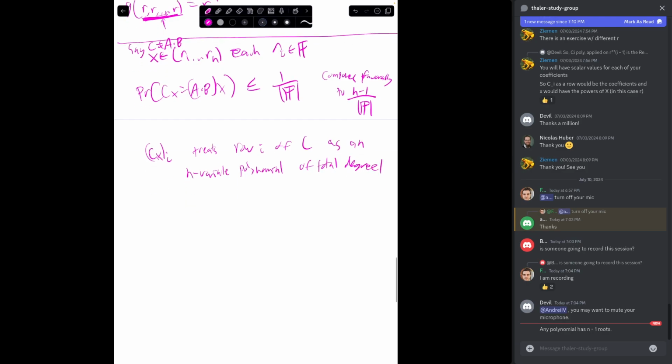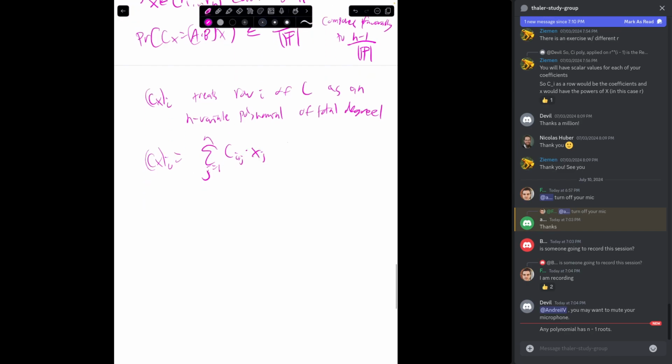Right, because the ith entry of Cx is the sum over j equals 1 to n of Cij times xj, right? And this function is total degree 1 in x.